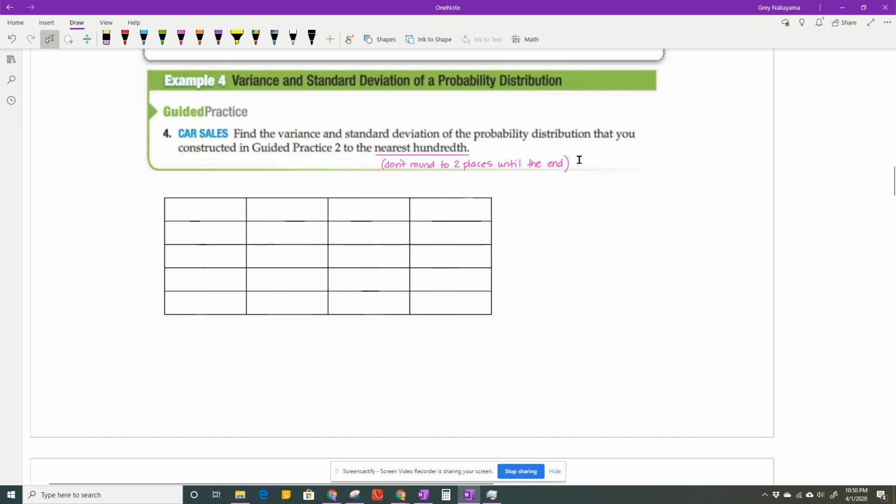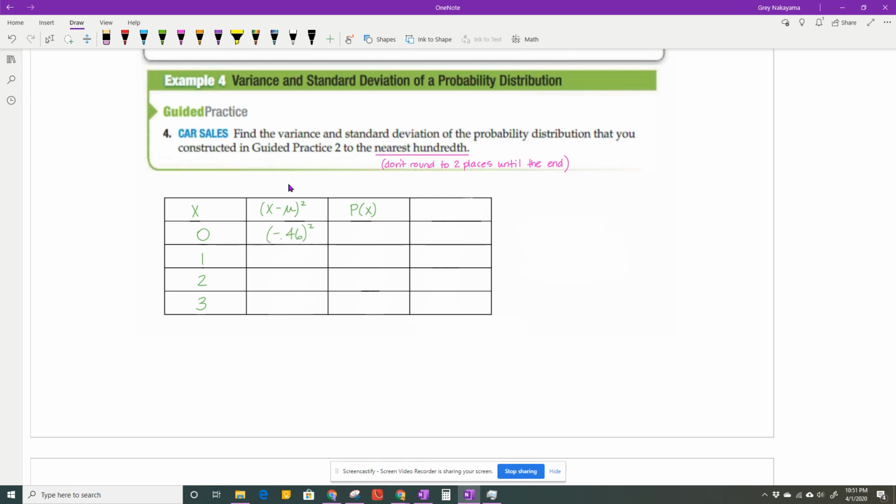So here's what this formula looks like. You have a data value, and then you're going to take the data value and subtract the mean from it and square it, and then multiply by the probability. So let's go here. The data values we had were 0, 1, 2, and 3. The mean that we just calculated up there was 0.46.